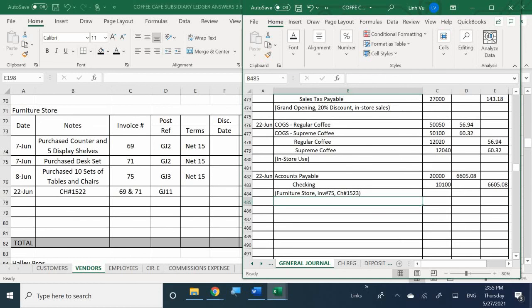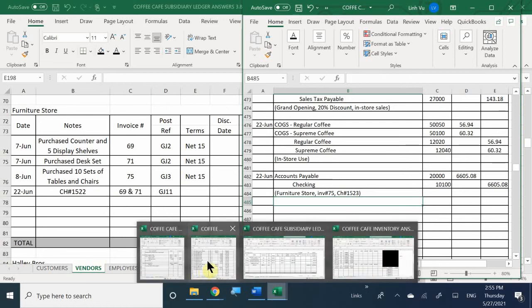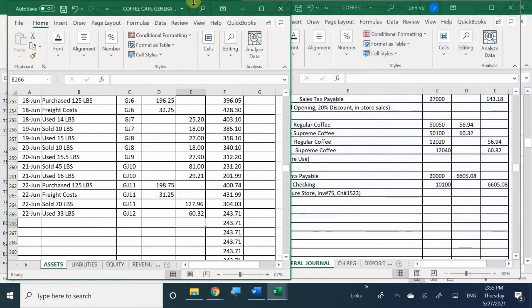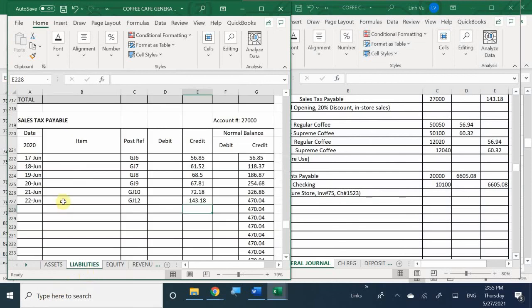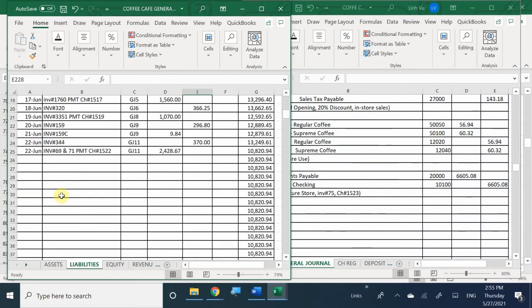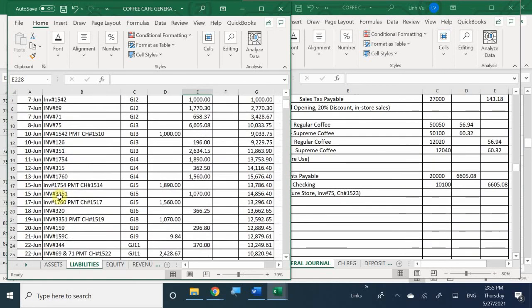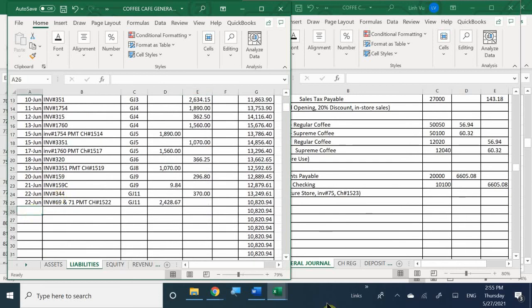From there, we'll go to the general ledger, to checking, or accounts payable, I'm sorry. My date will be 6/22. Invoice number 75, check number 1523.